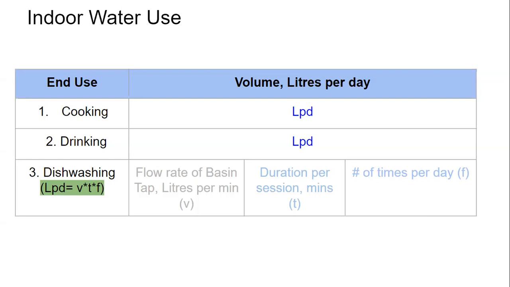Then we need to know that because they're using an RO unit, only 25% of the water actually gets used, and 75% actually gets discharged as reject water. So that is why we need to ask them that question also when we are talking about the kitchen activity.